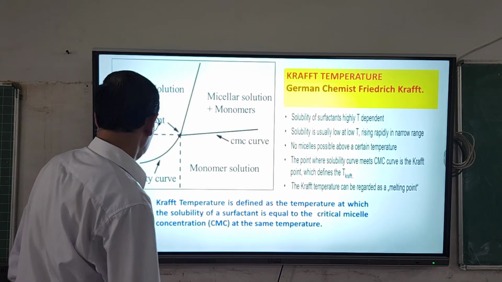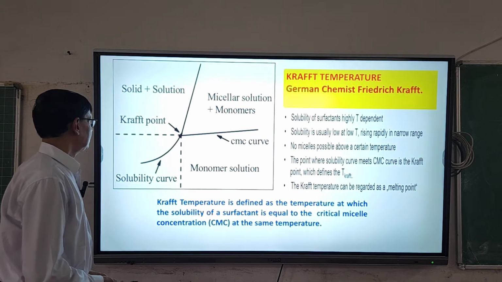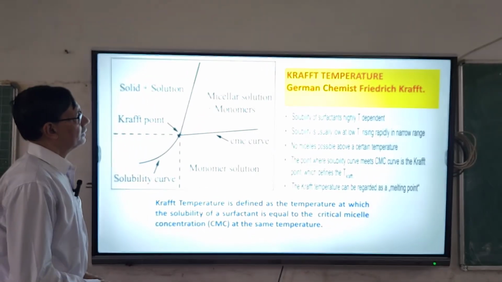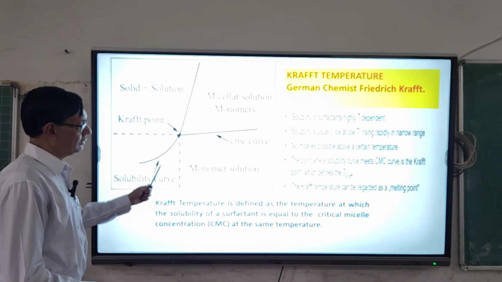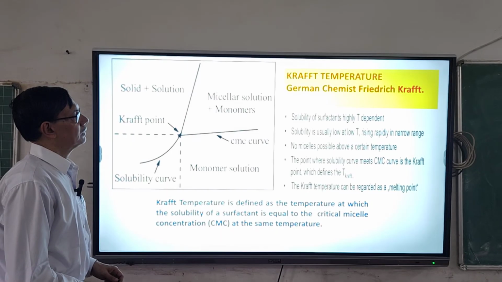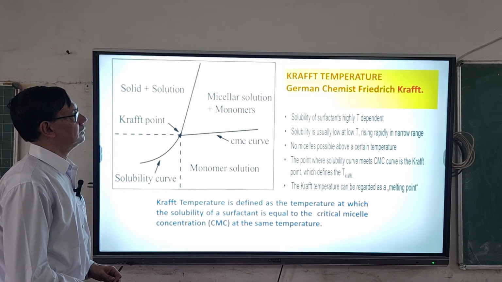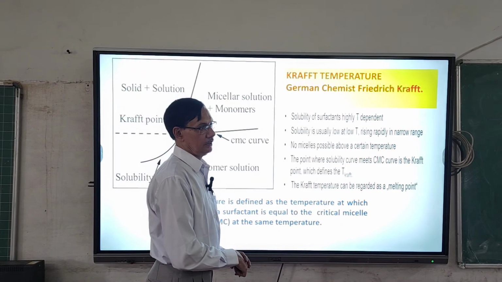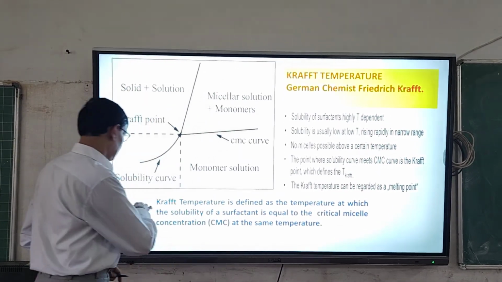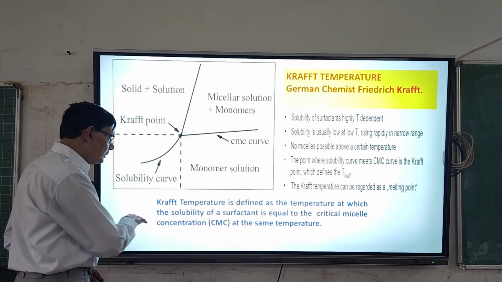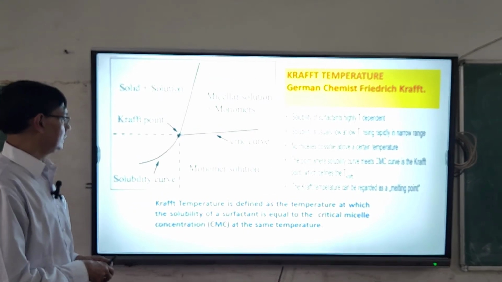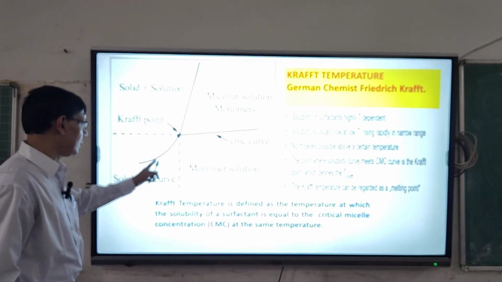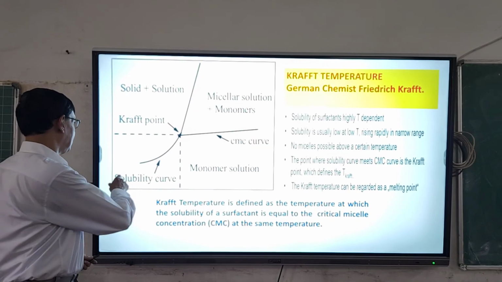So it is another property. Just quickly I am going to this point. This is also very important for students because it is called the Kraft temperature, or sometimes the Kraft point. Kraft temperature is the temperature at which the solubility of the surfactant is equal to the critical micelle concentration.